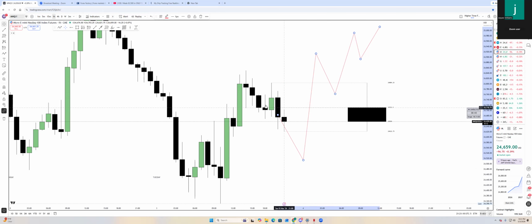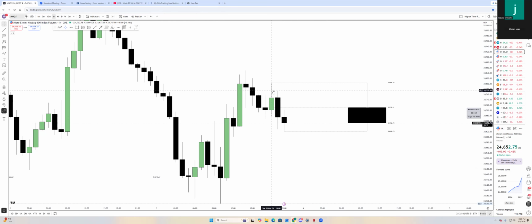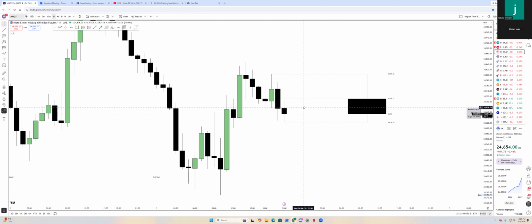I would say that's when you take out your old highs. If you take out an old high, it can be a market structure shift or a break of structure.